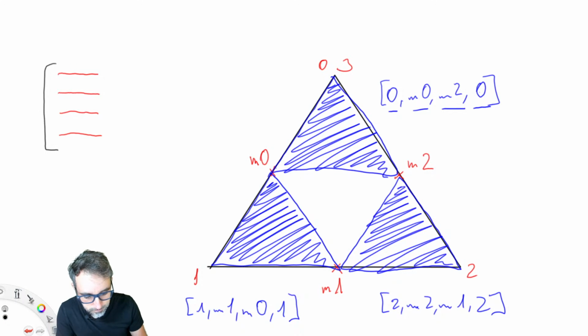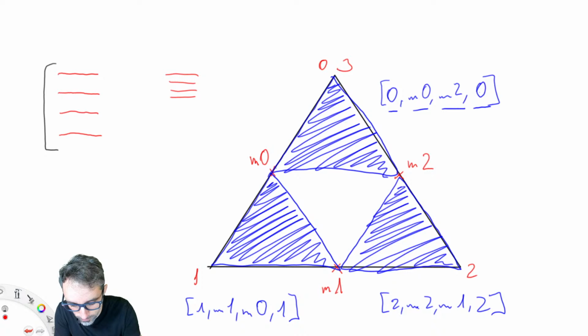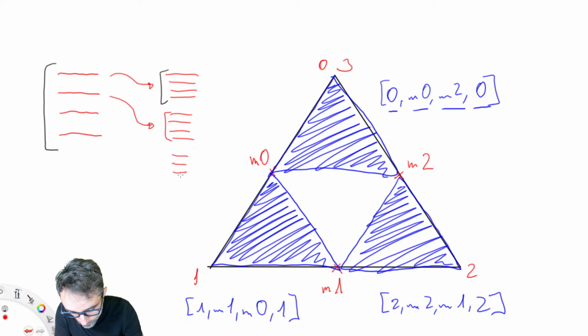The way we would do this is we would say, well, now one of them is going to be subdivided into 4, and then the others are also going to get subdivided.